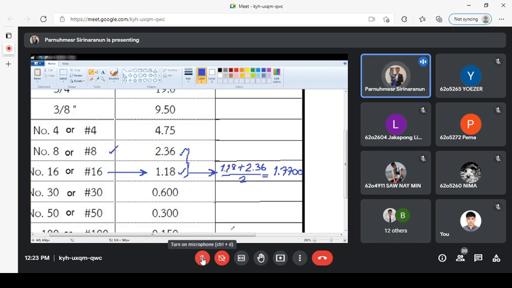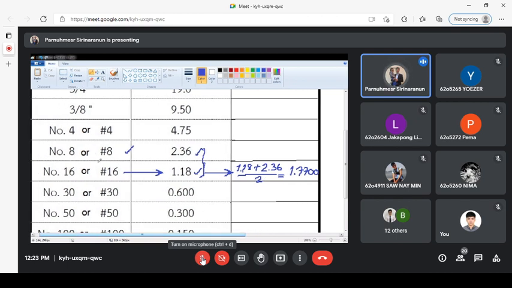So for this sieve, you know already how to compute the average aggregate size that is retained on this sieve. How about the others?